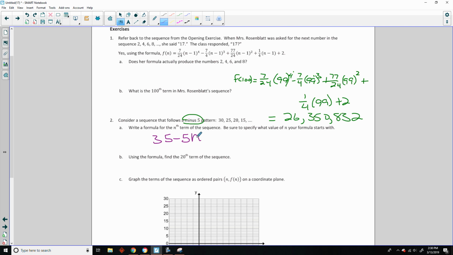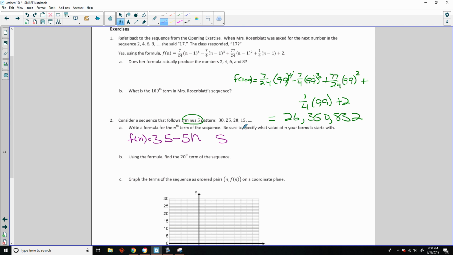Our third term, n equals 3, 5 times 3 is 15, 35 minus 15 is 20. And n is 4, fourth term, 5 times 4 is 20, 35 minus 20 is 15. So I would say f of n, or a sub n, equals 35 minus 5n.